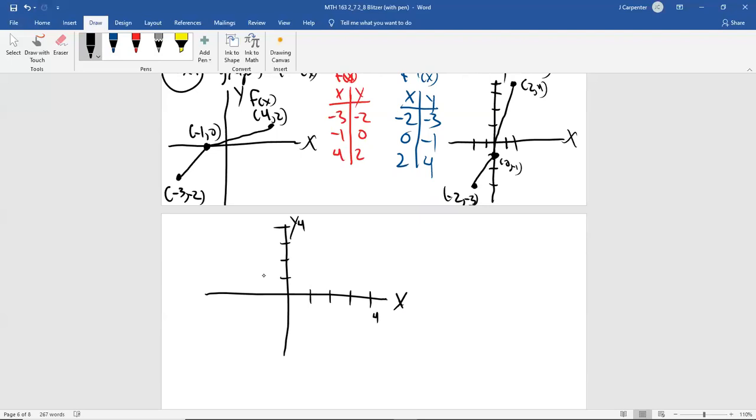And then down 1, that looks a little too far. 1, 2, -3, and then left 1, 2, -3. So in red, the regular function, (-3, -2) was right here. (-1, 0) was right here. (4, 2) was right here. Connect. This would have been a piecewise function, by the way.